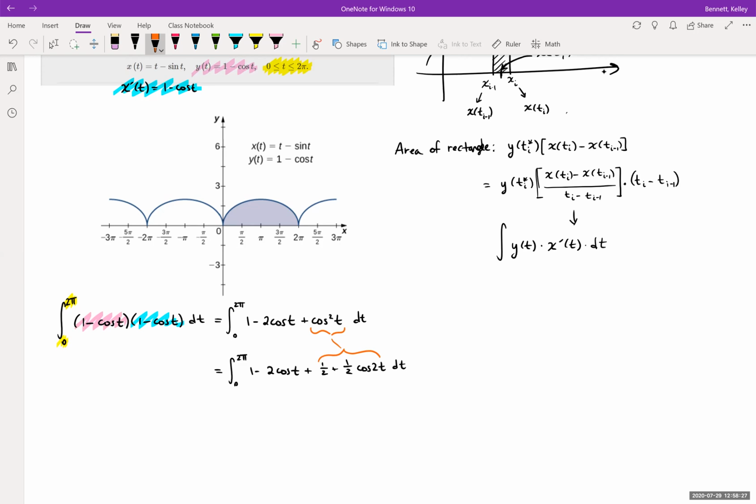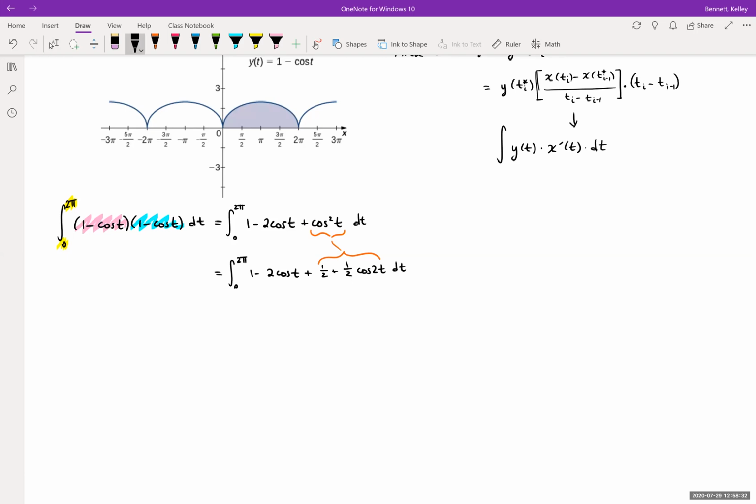So that's that substitution. You can always derive it for yourself by remembering the mantra sine, cosine, cosine, sine, cosine, cosine, sine, sine.